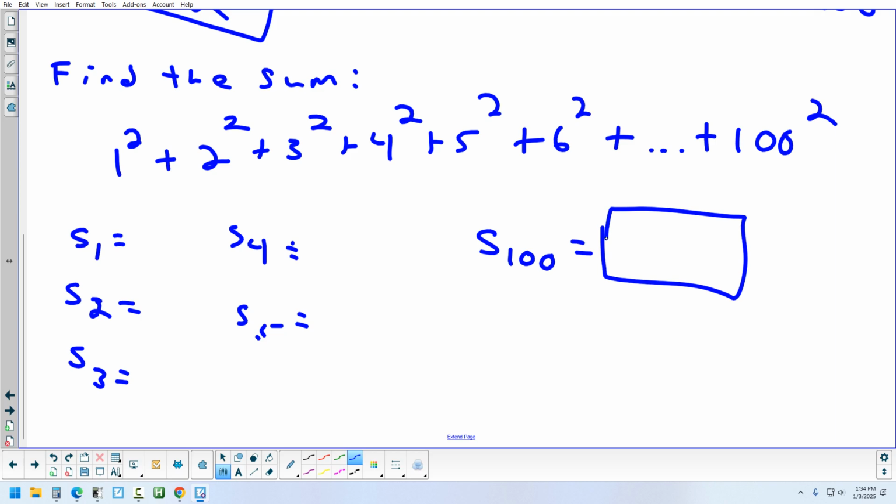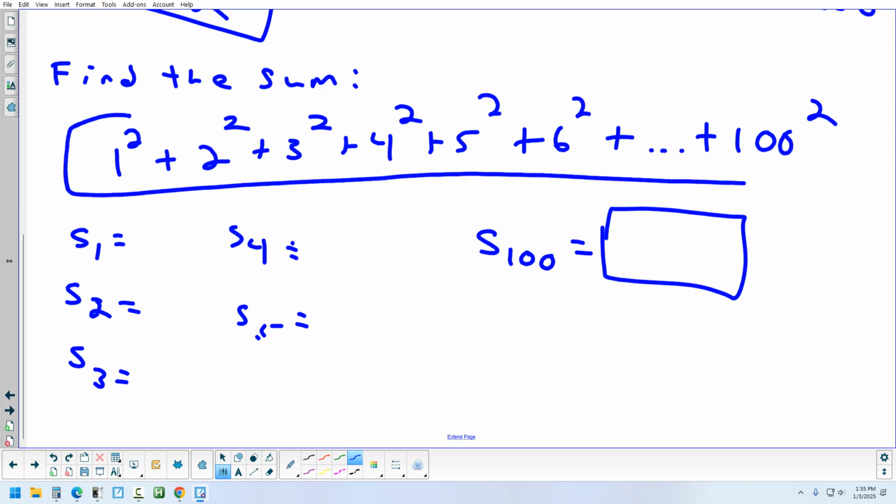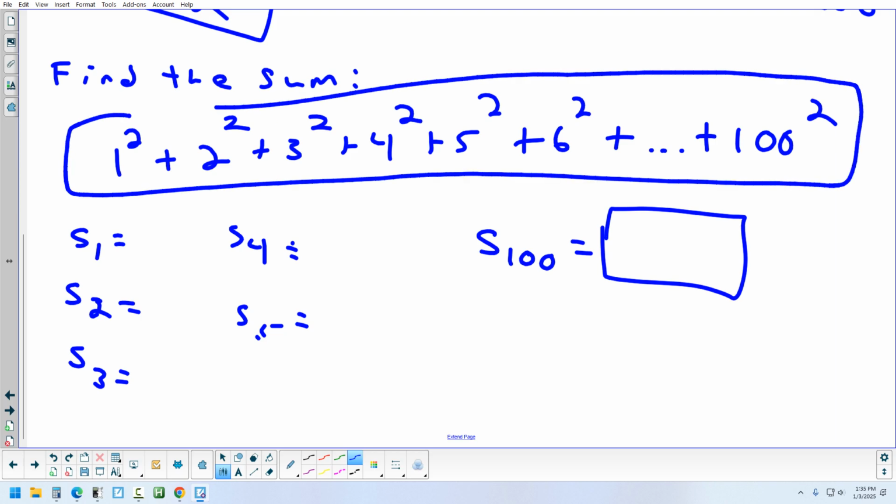All right, so look at what's in that box. What do you get if you add up the first number in that box? 1. That's just 1. What if you add up the first 2 numbers? So that's 5. And then the first 3 numbers? So that gives you 14.